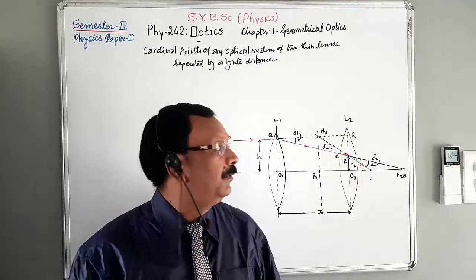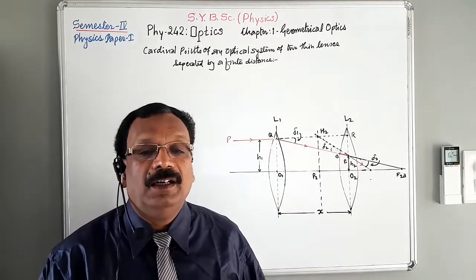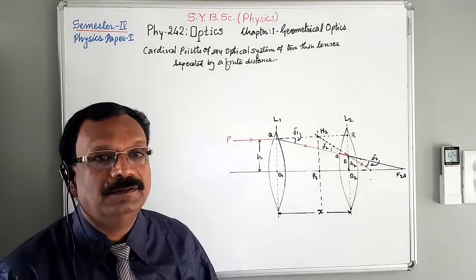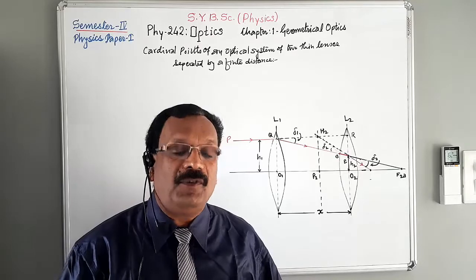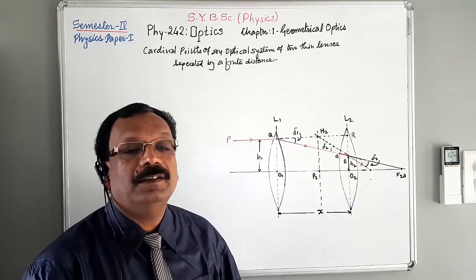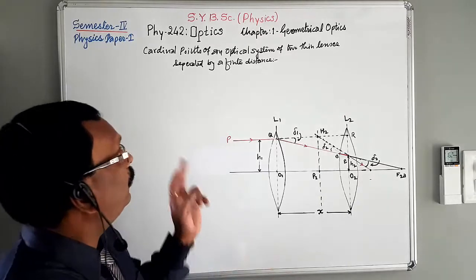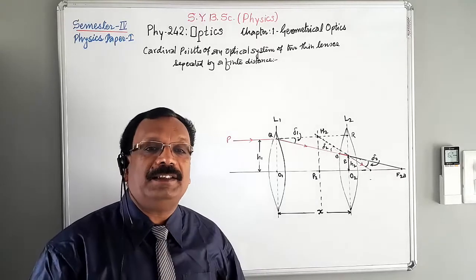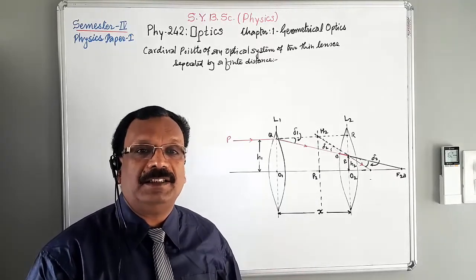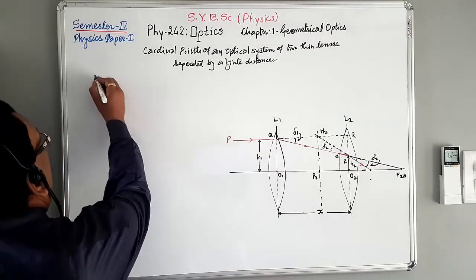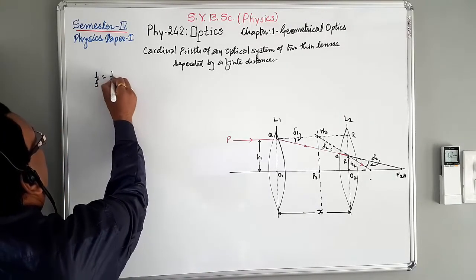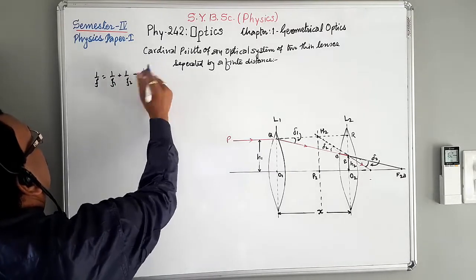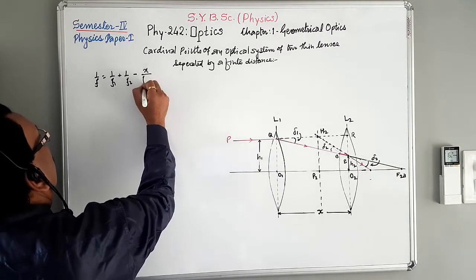For this purpose we are going to consider this figure, and I would like to tell you that we already derived an expression for the equivalent focal length of 2 thin lenses placed coaxially and separated by a finite distance. So 1 upon F is equal to 1 upon F1 plus 1 upon F2 minus x upon F1 F2.